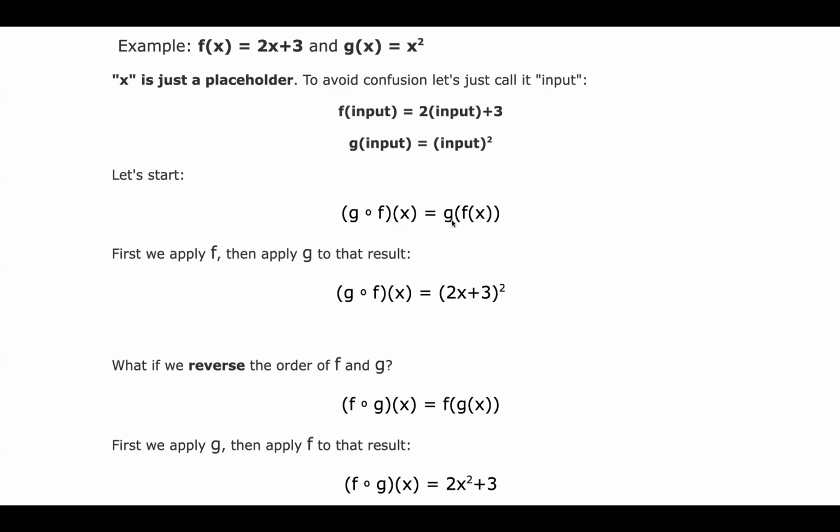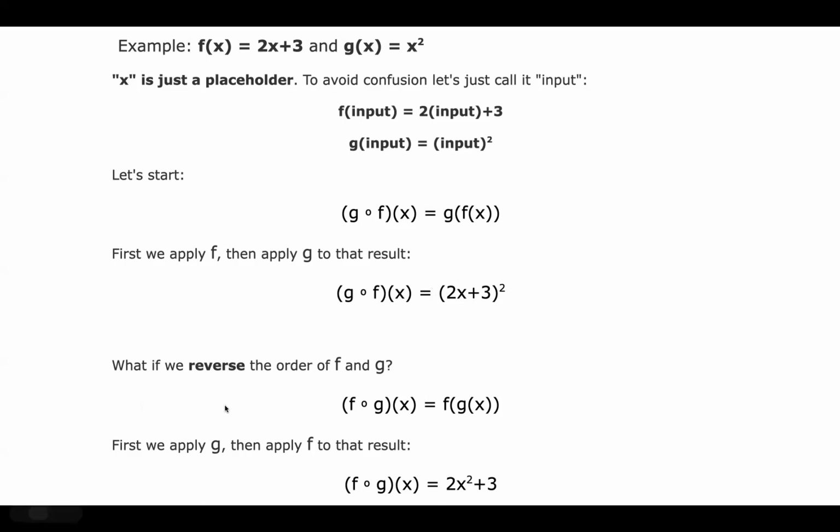G of f of x means g of 2x plus 3. G of 2x plus 3 means whatever the input is, square of that. 2x plus 3 is the input there, and square of that will give us g of f of x.